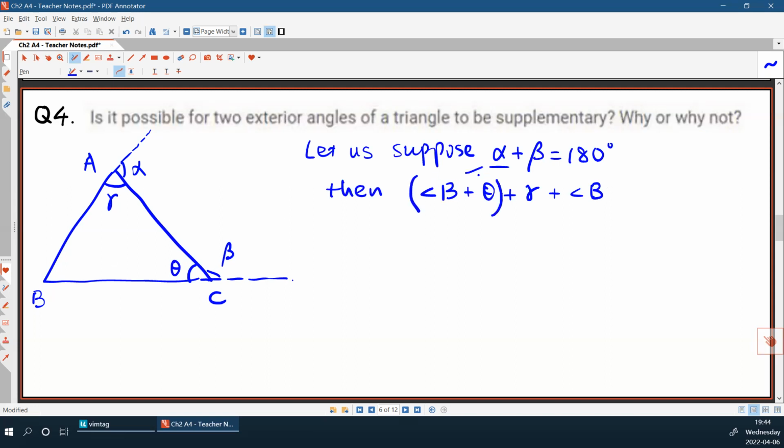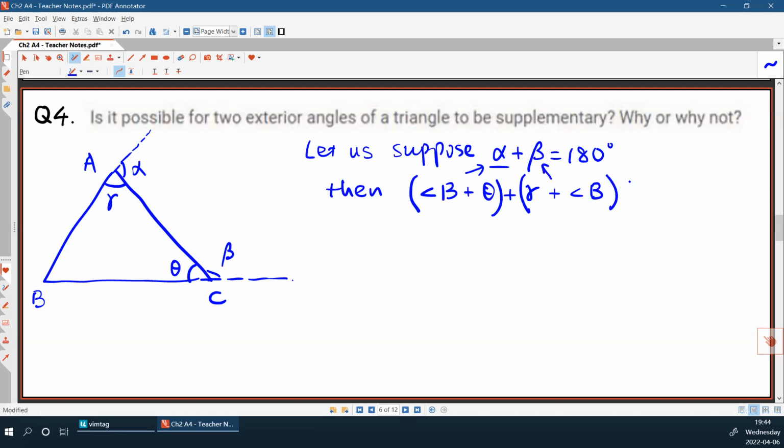So basically this is alpha. And beta also equals the sum of the two remote interior angles, which is gamma and B, right?